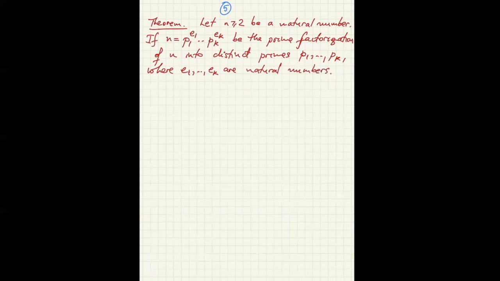Then phi of n has a very nice formula: n times the product from i equals 1 to k of 1 minus 1 over pi. So it's n times this product, and this product you see is less than 1 because you're multiplying a bunch of numbers that are all less than 1. So you'll get n times some fraction.